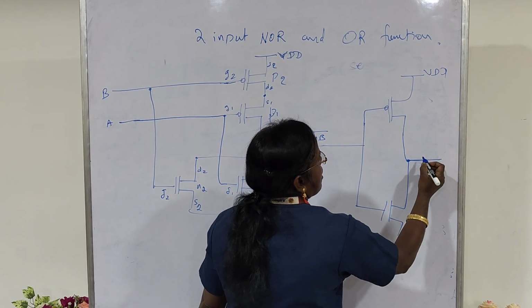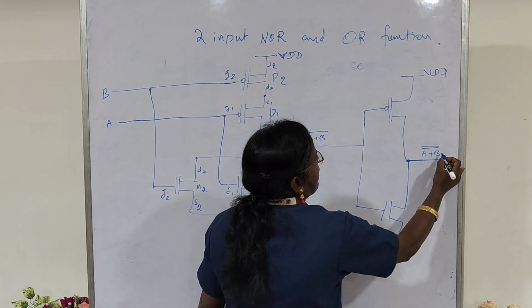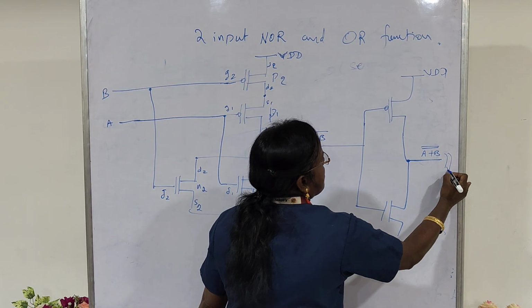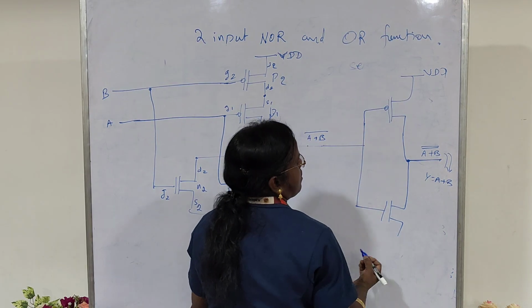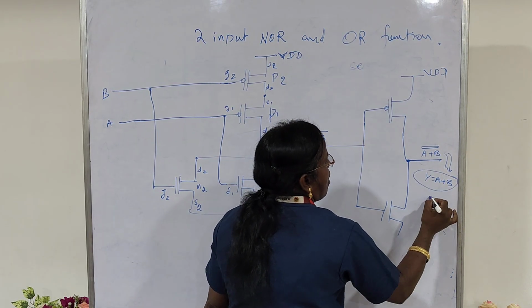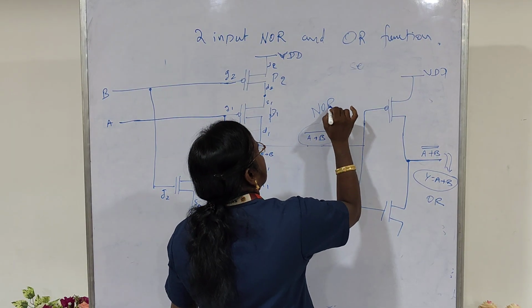This is the output where I am getting A plus B the whole double bar. Double inversion gets cancelled, which will become my Y is equal to A plus B, which is the OR function. This is the OR function and this is the NOR function.